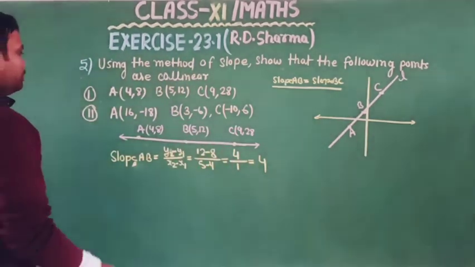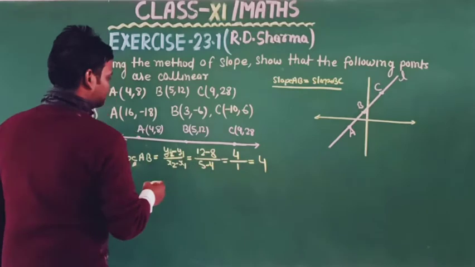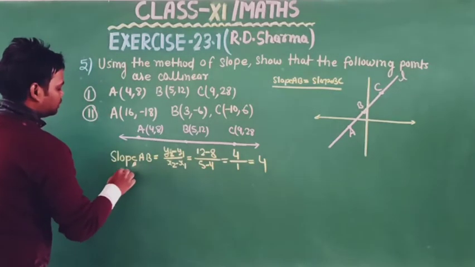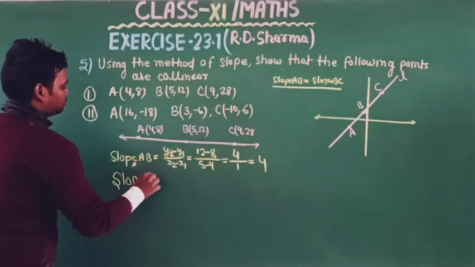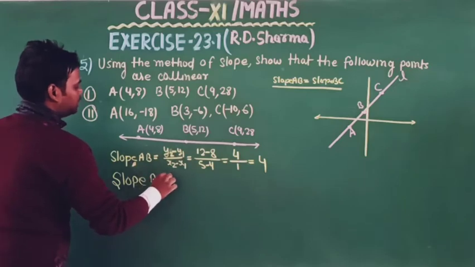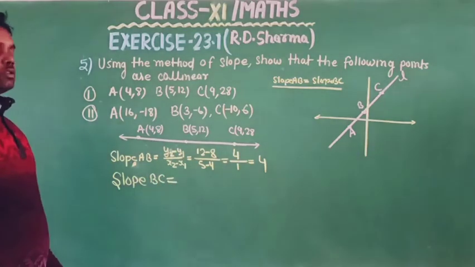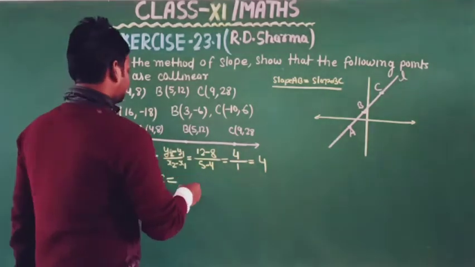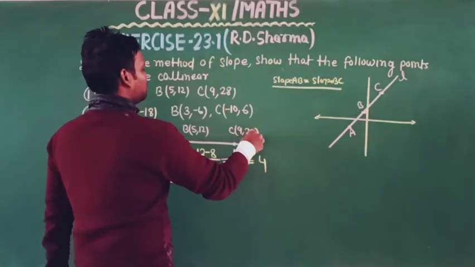And similarly we have to find the slope of BC. Slope of BC equal to y2 minus y1 upon x2 minus x1.